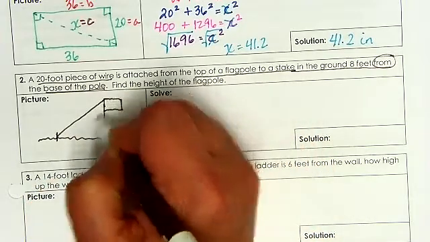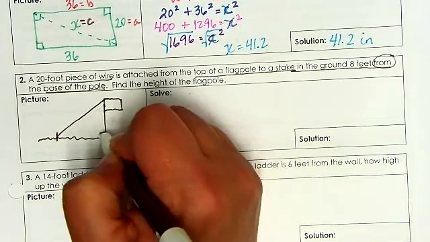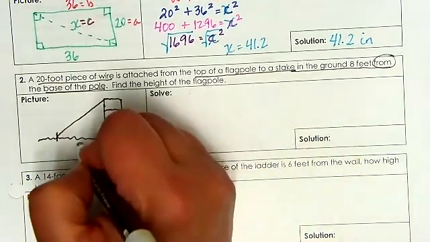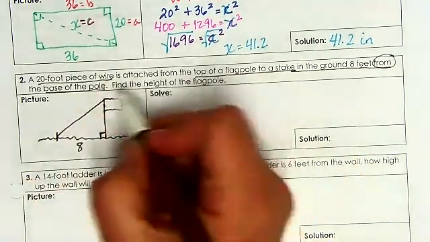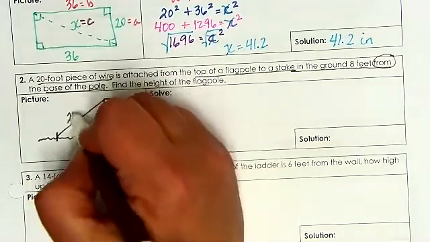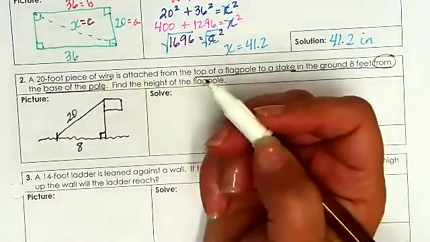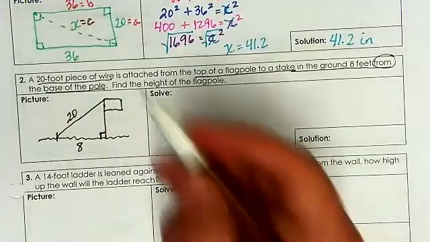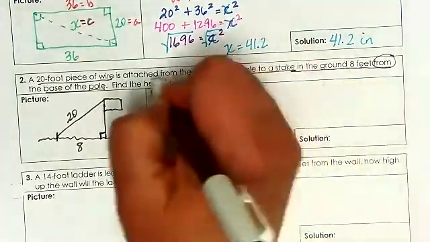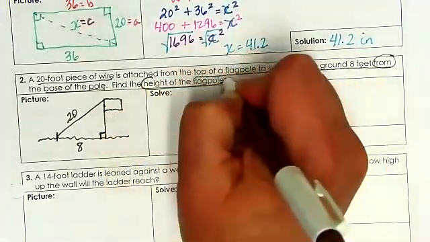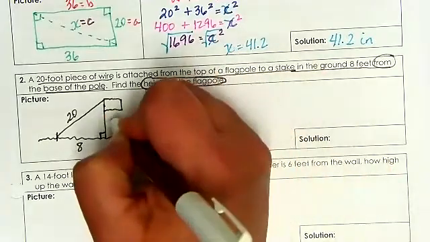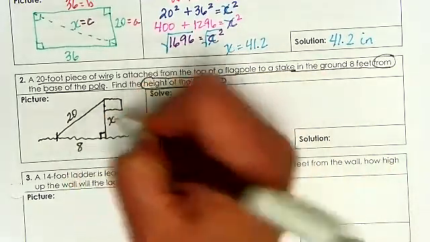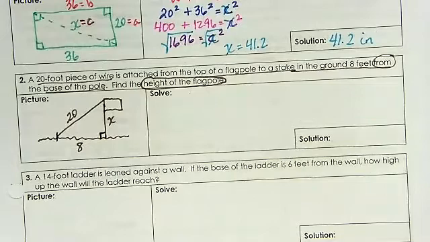Well, the pole is straight up and down, so this makes a right angle right here. And this is 8 feet from here to here, and the wire is 20 feet. And we're looking for the height of the flagpole. So this is X, and this is one of the legs because it is a side of the right angle.